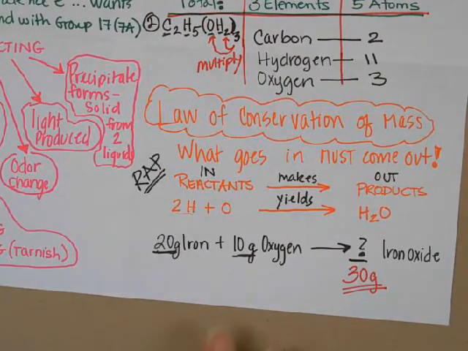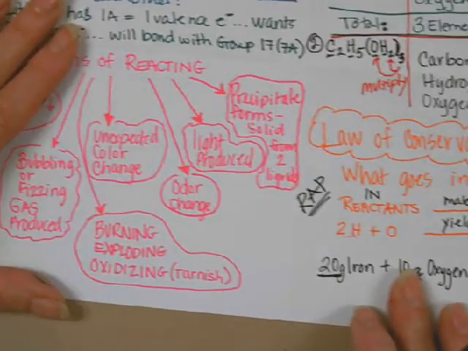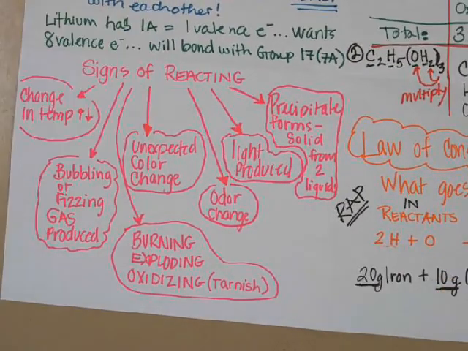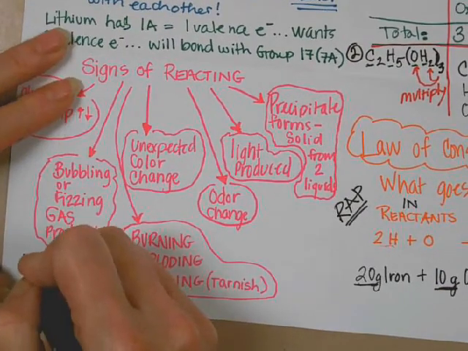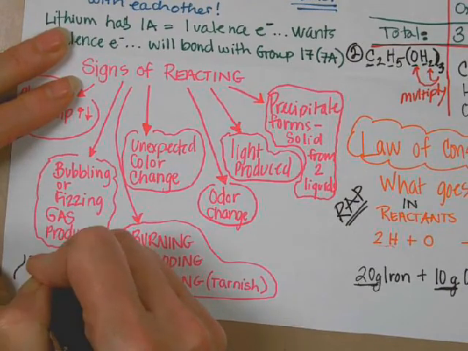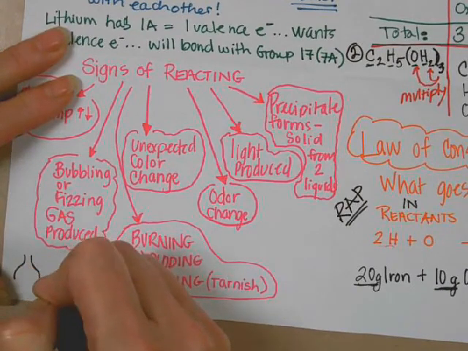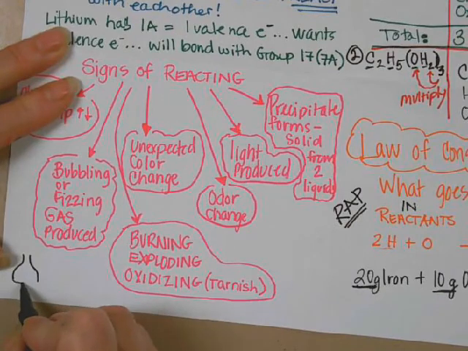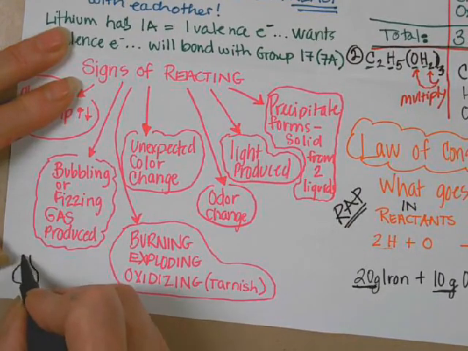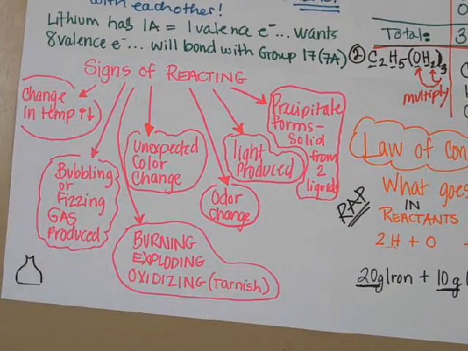Before we move on, I did want to add our picture. So the bubbling or the fizzing, remember we did that in the little Erlenmeyer flask. It looks like this kind of, not the best jar. And then we took the balloon and we put our balloon on top.